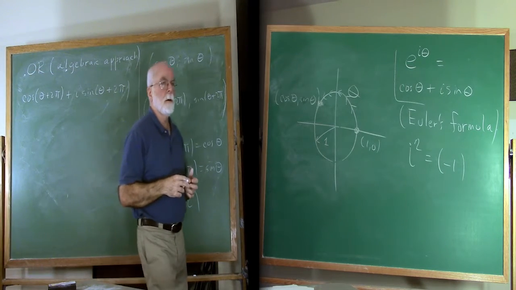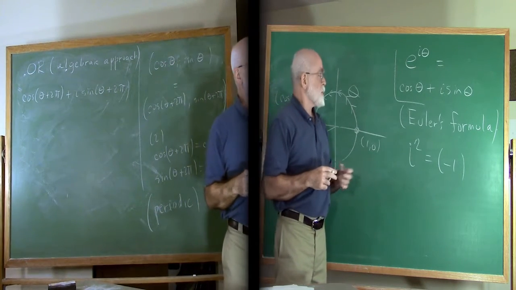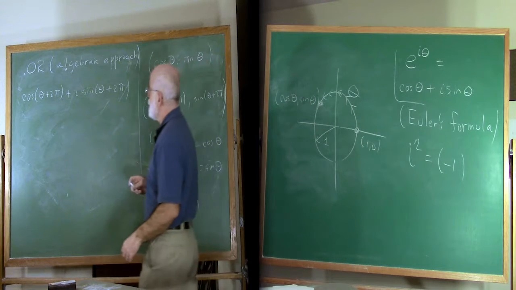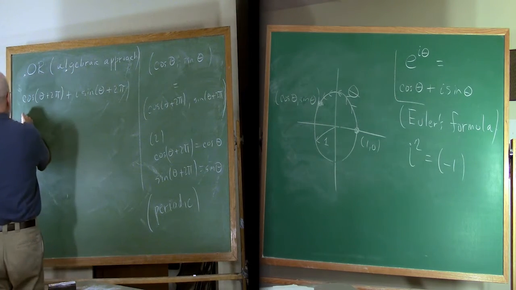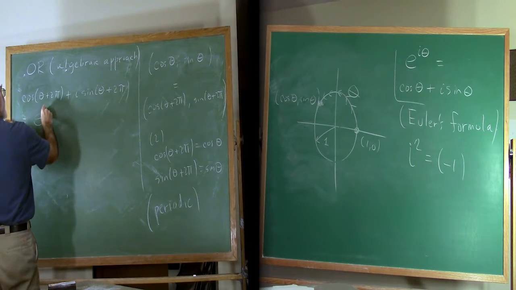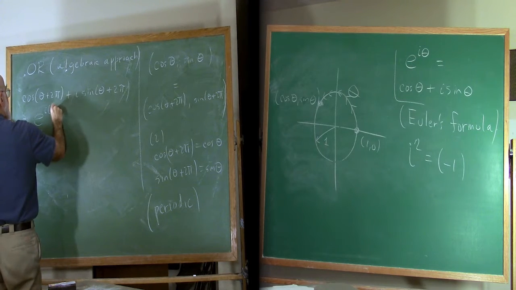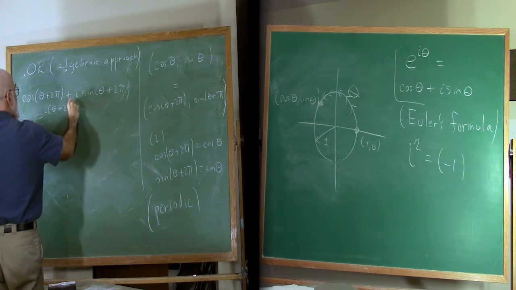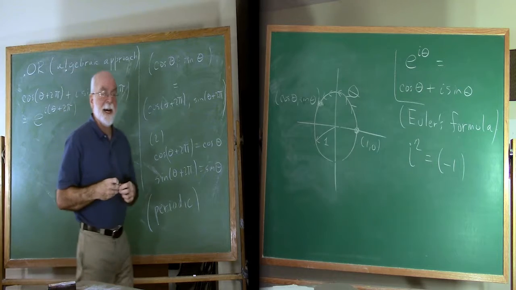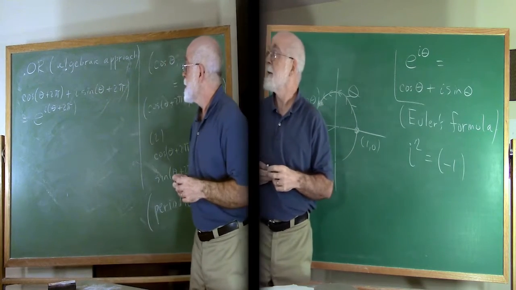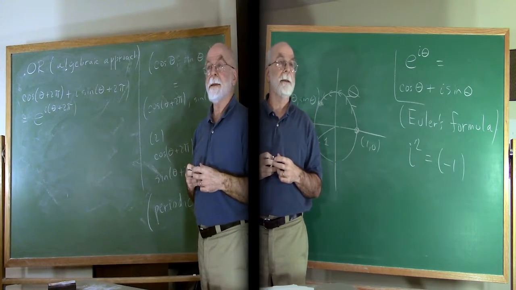Euler's formula puts those together into that single peculiar exponential, e to the i, parentheses, theta plus 2 pi.